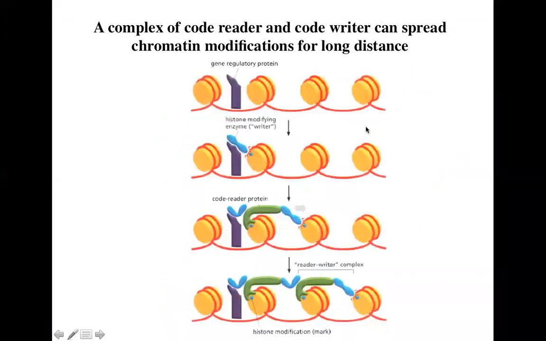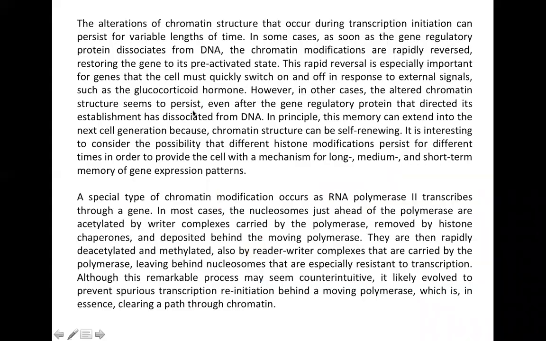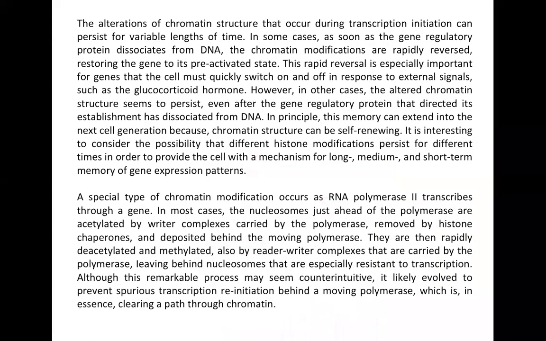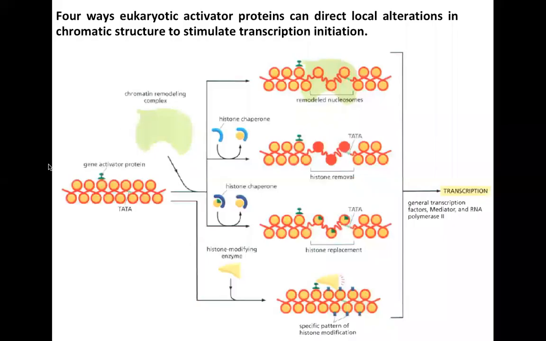So sometimes these regions are nucleosome-free, and how are they maintained as nucleosome-free regions? Generally, these nucleosome-free regions are flanked by a special type of histone variant. We call it the H2AZ variant. We know that there are four types of histone proteins: H2A, H2B, H3, and H4. Generally, H3 and H4 are towards the inside of the chromatin, and H2A and H2B are towards the outside, the surface.